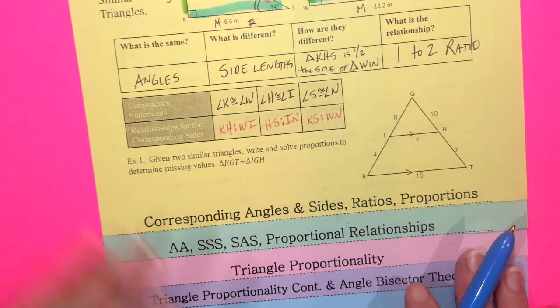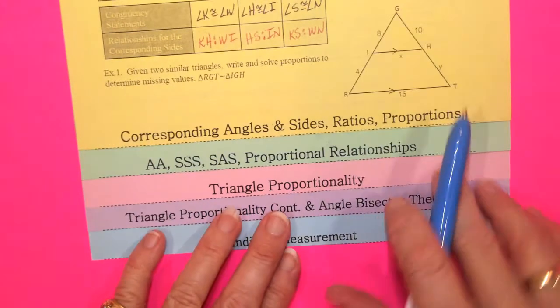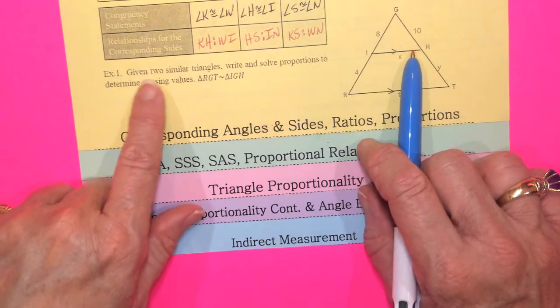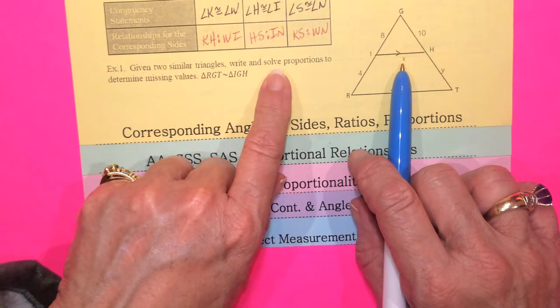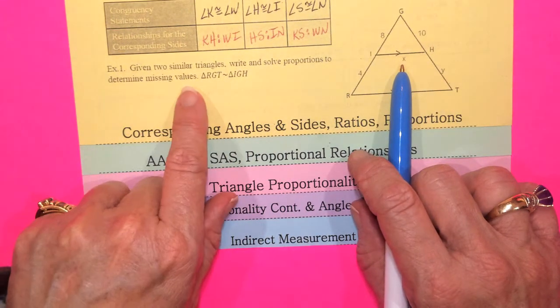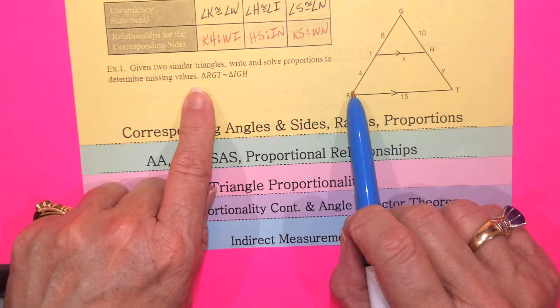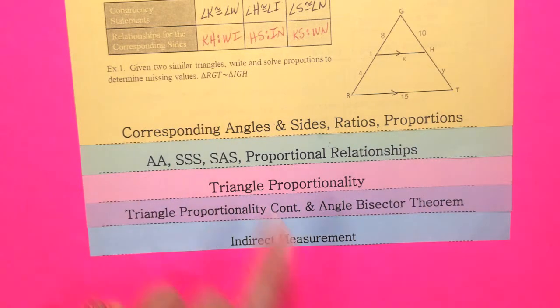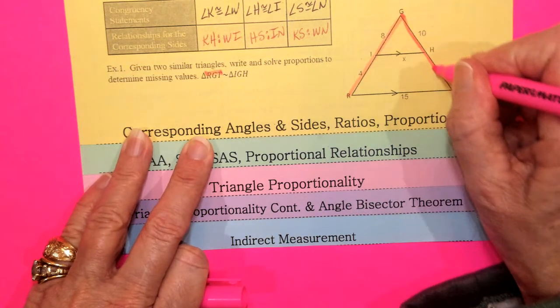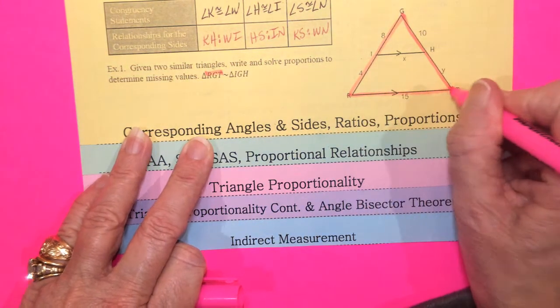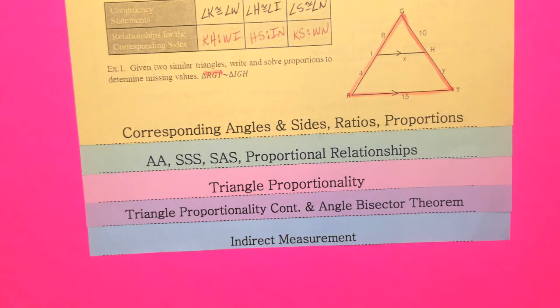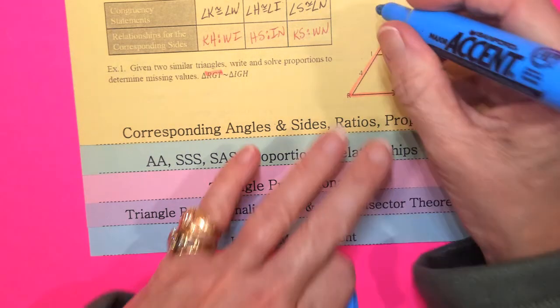So the last little piece they want us to try here is to actually look at a triangle. It says, given two similar triangles, write and solve proportions to determine missing values for RGT. That is the big triangle. Let me put that in pink. RGT. And IGH, which is the little one, at the top.